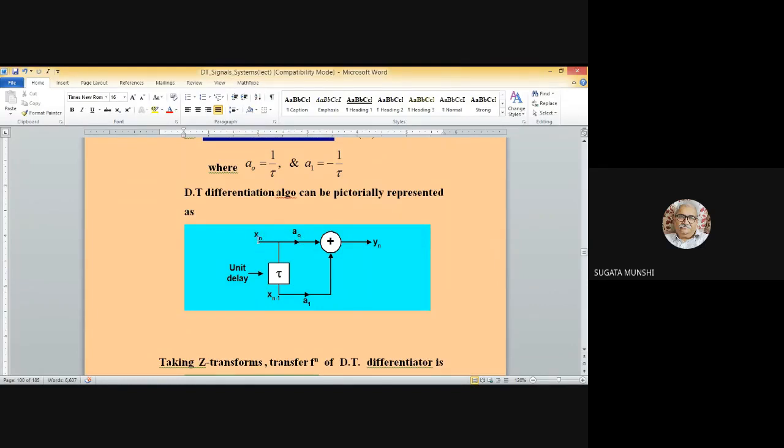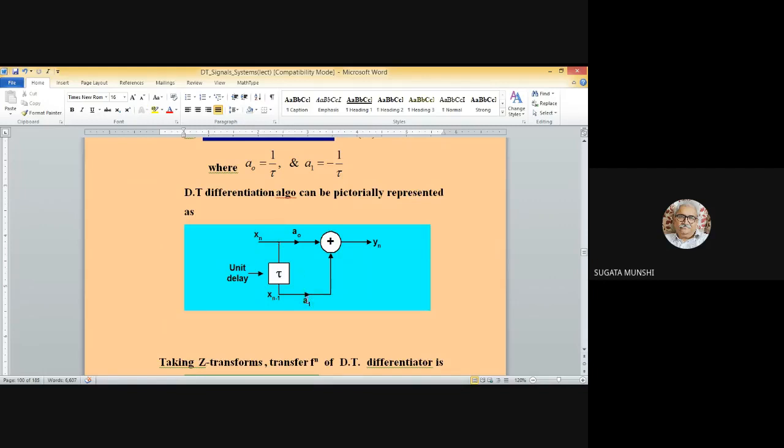Now, if you have x[n] here, here you have x[n minus 1]. This block with tau inscribed is called the unit delay element. It delays the input sequence by one sample. So at every sampling instant, x[n] is multiplied with the constant a0 retrieved from some memory location. x[n minus 1], which is already stored, is multiplied with coefficient a1 retrieved from another memory location.